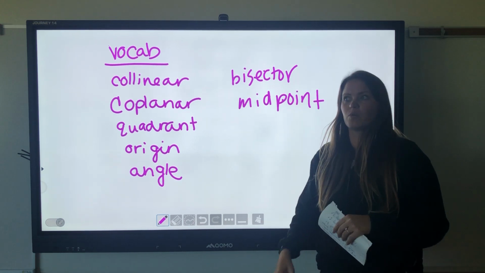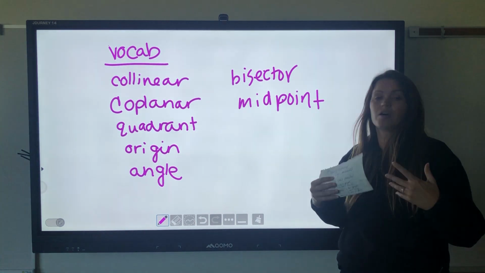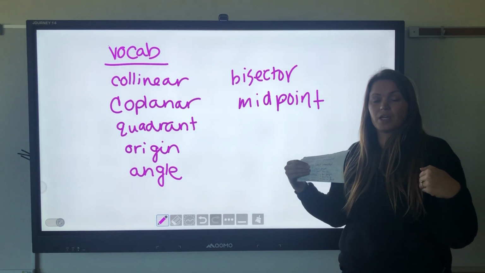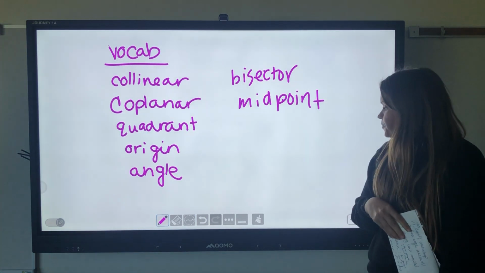There are others, but whatever vocab has been scattered throughout your lessons and throughout your quizzes, all of that vocab will show up again on the test. And you're going to take a practice test, so don't worry about it.